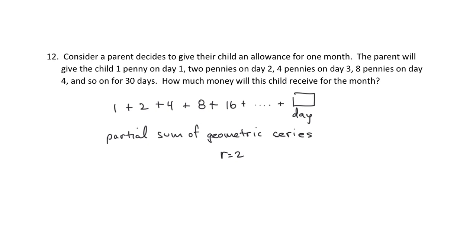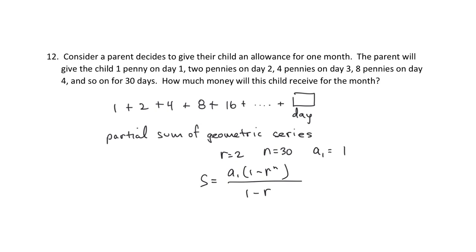And the partial sum formula: we've got first term, a sub 1, and r is the common ratio, and n is the number of terms being added together. So we have n equals 30, and a sub 1, our first term, is 1.